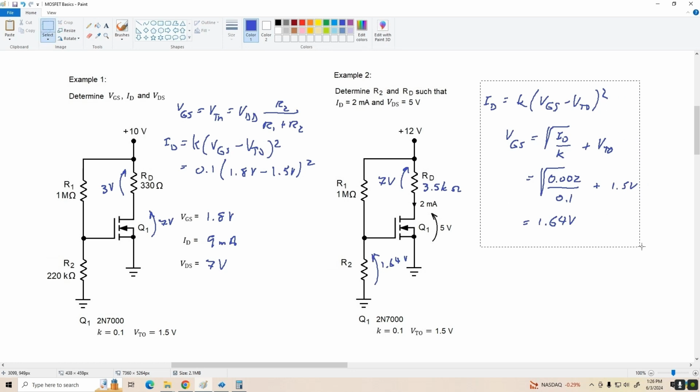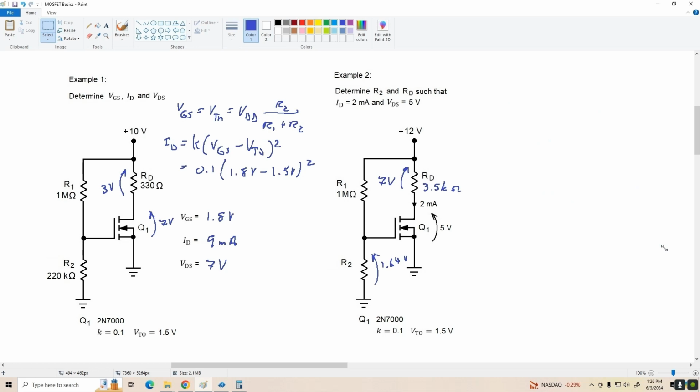So let's clear out our workspace, and we know that VGS or VTH equals VDD times R2 over R1 plus R2. We're going to solve that for R2. So VTH over VDD equals R2 over R1 plus R2.